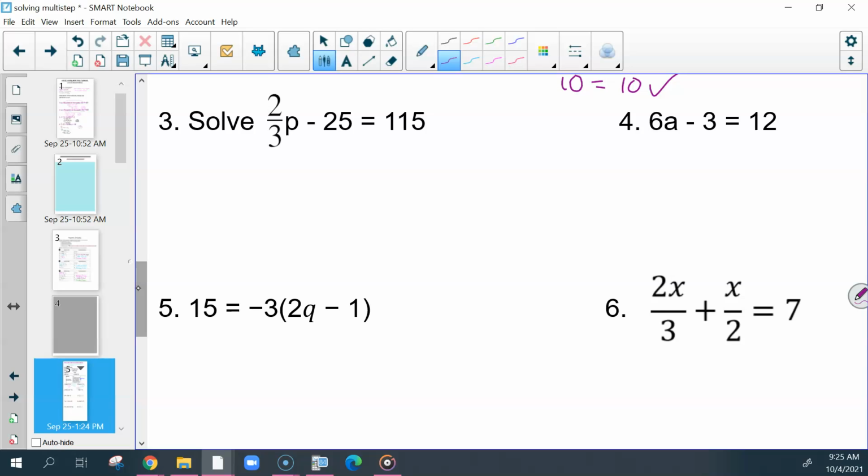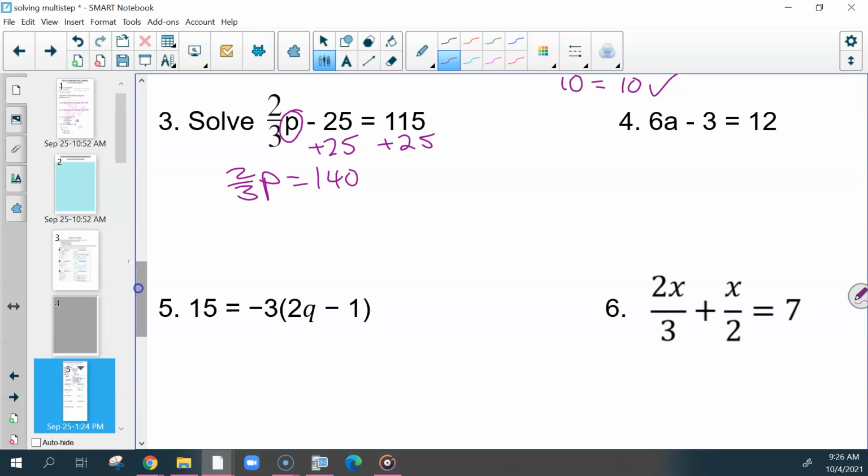So number 3 is very similar, but now we have that fraction. Don't let that throw you off. We're still trying to get p by itself. What would be the first thing we need to do to get p by itself? Add 25 to both sides. Is that 1? Yes.